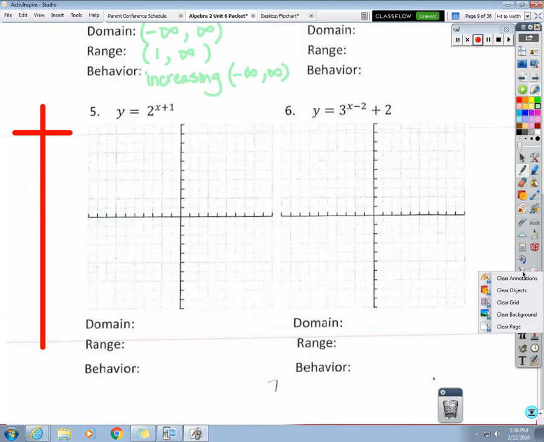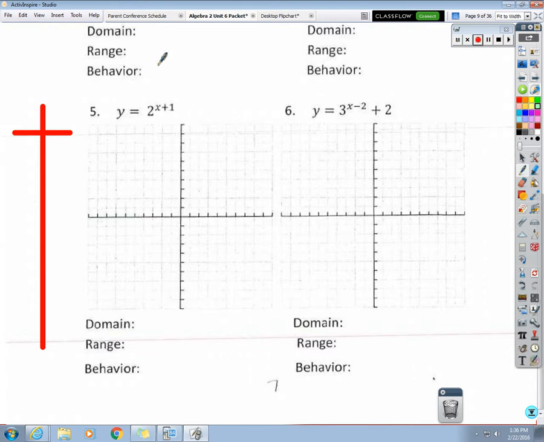All right. For number 5, what's the a value? 1. What's the b value? 2. Are there going to be any shifts? There's going to be a shift of left 1 because of this x plus 1. Because it's the invisible 1 right there. 1 times 2 to the x power.